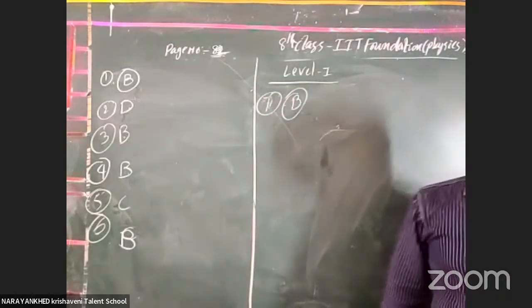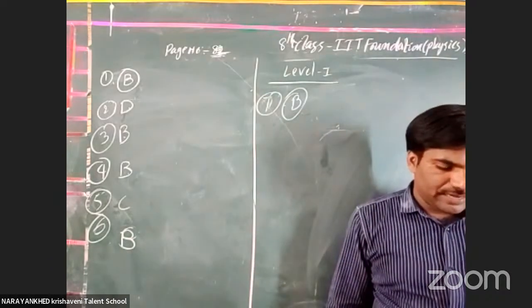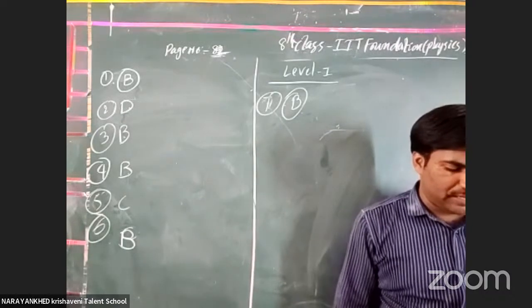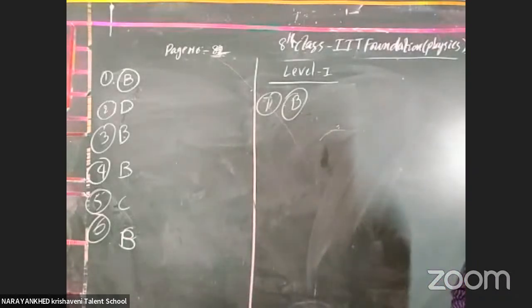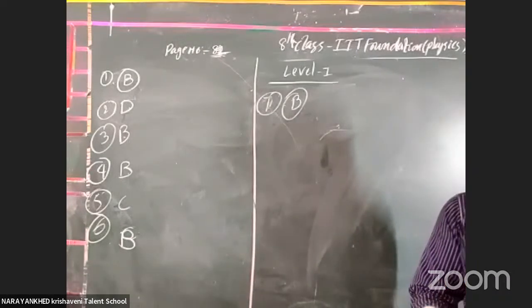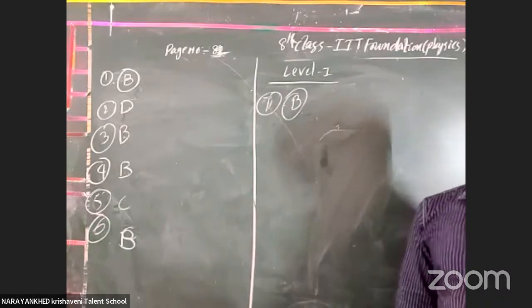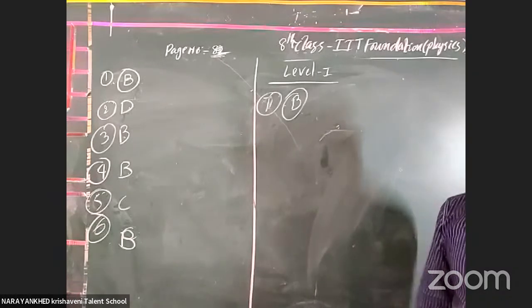When a particle in motion is always acted upon by a force in a direction perpendicular to the direction of motion, the path followed by the particle is?